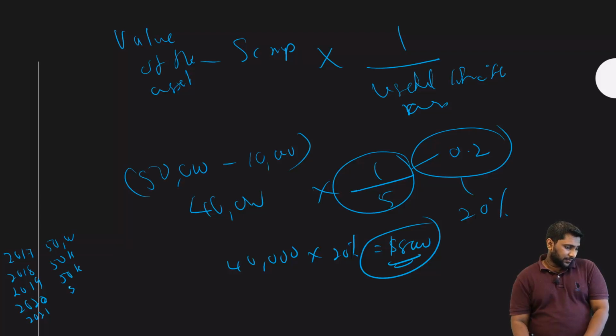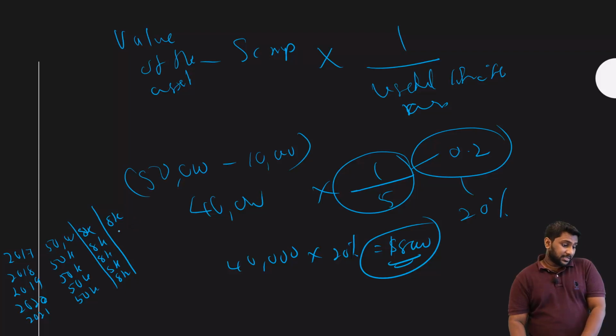Each year depreciation is 8,000, 8k, 8k, 8k, 8k, 8k. And you can get your accumulated depreciation. End of first year accumulated depreciation is 8,000, second year 16,000, 24,000, and here it is 32,000, and here it is 40,000. So from the value of the asset, if you deduct the accumulated depreciation, how much are you getting? 50,000 minus 8,000, end of first year 2017, value of the asset is 42,000.